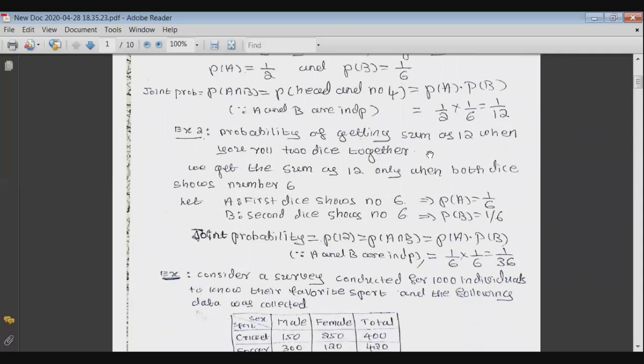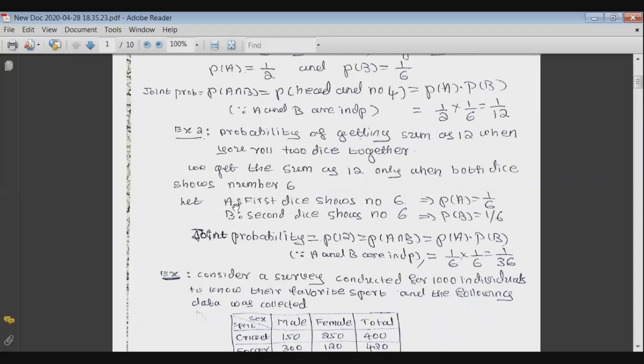Now let us go with one more example of that kind. Suppose you want to find the probability of getting a sum of 12 when we roll two dice at once, or two dice together. One thing is very clear: we get the sum as 12 only when both the dice show the number 6. In all the other cases the sum is never equal to 12.